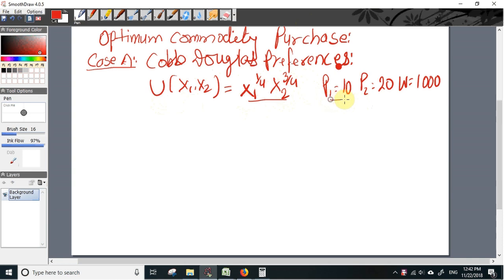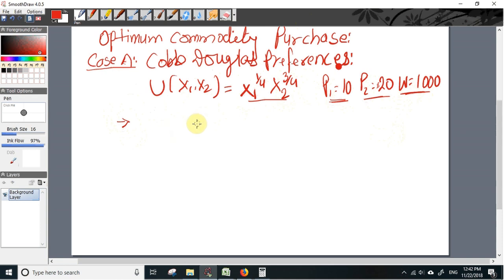The price of the first commodity is $10, the price of the second commodity is $20, and the consumer's total wealth is $1,000. So now let us derive the consumer's optimum commodity purchase.